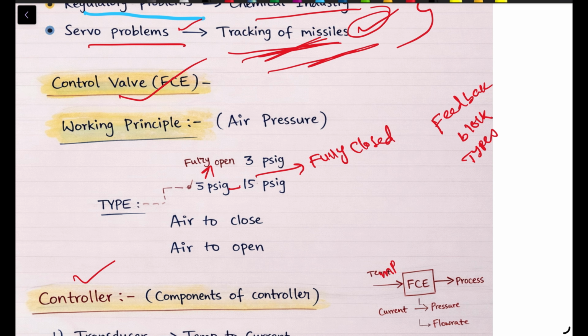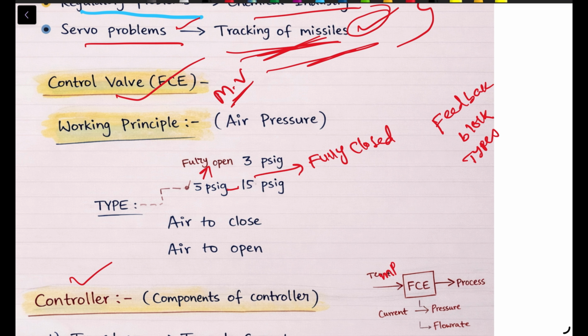So the control valve is maybe one of the most important components in a control system. It's called the final control element because it is the device that physically changes the manipulated variable in the process. So in many chemical processes, what will be the manipulated variable?